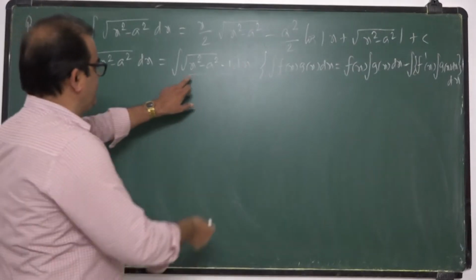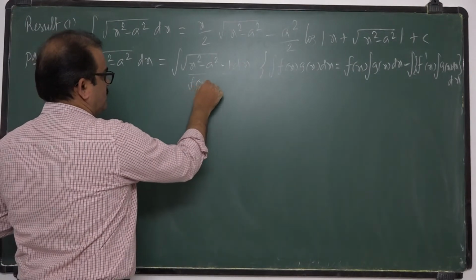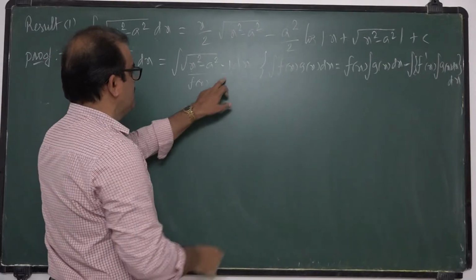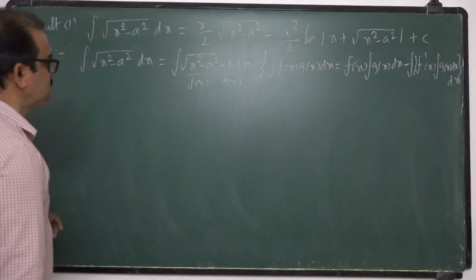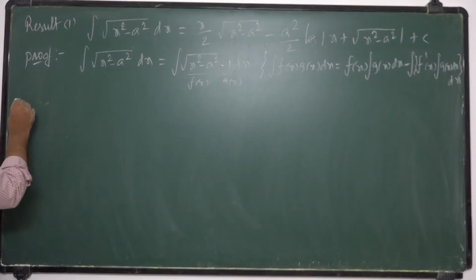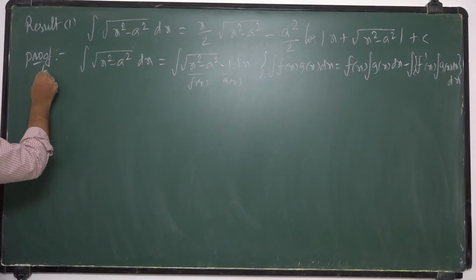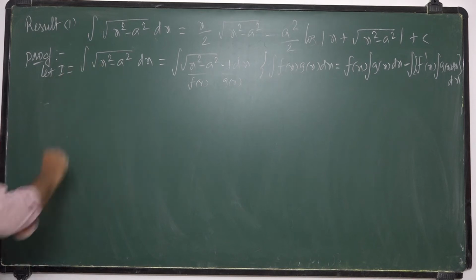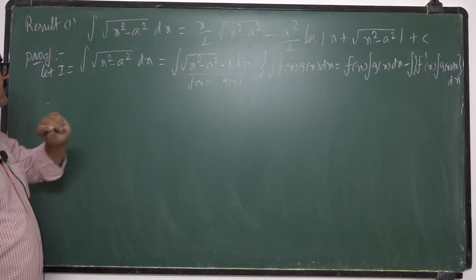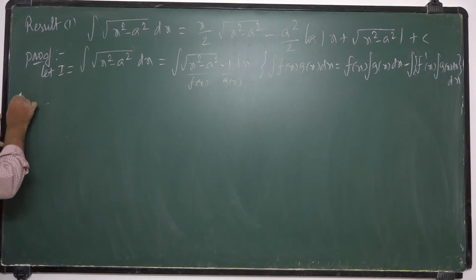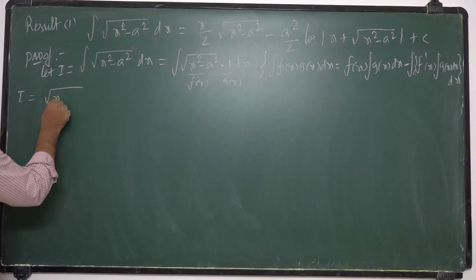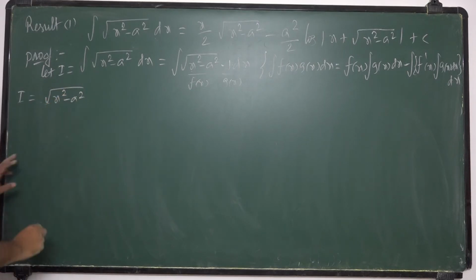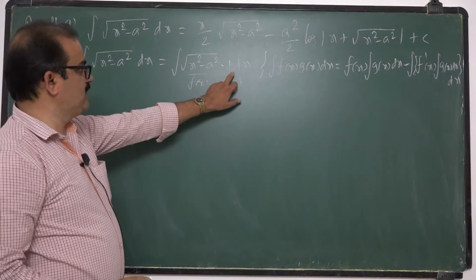Here what is f of x? Root of x square minus a square. This one, 1, is taken as g of x. From that formula, let the given problem be I. I is equal to f of x into integral g of x, integral 1 dx.